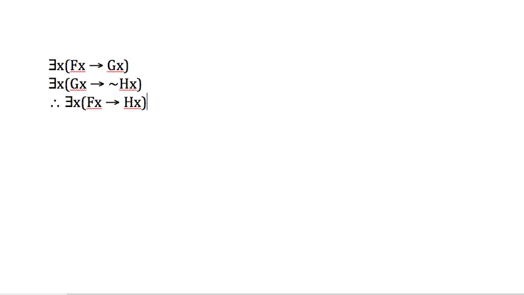Now this is a little bit trickier, but we start out the same way. In our interpretation, we want the first premise to be true, and we want the second premise to be true, and we want the denial of the conclusion to be true.